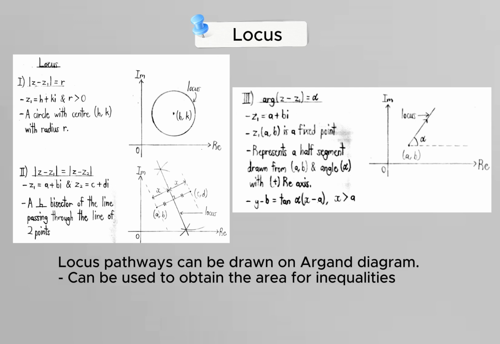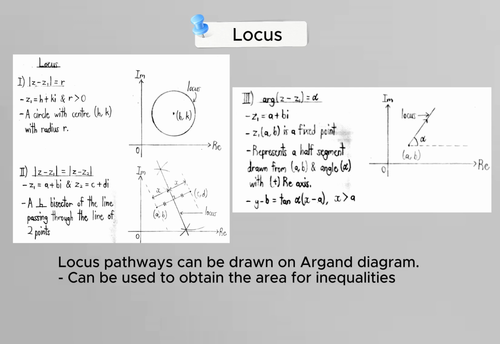Now, let's explore locus, and there are three things I will discuss. For the first one, |z - z1| = r, the modulus that encases the complex number, will give you a circle with a center and a defined radius. Just make sure that the radius is a positive number.